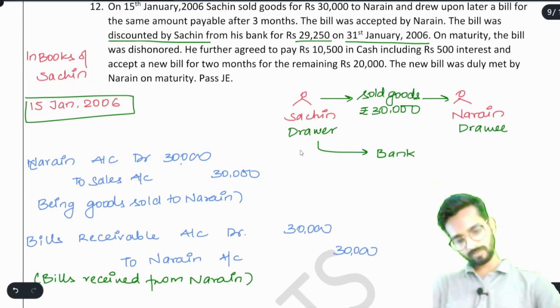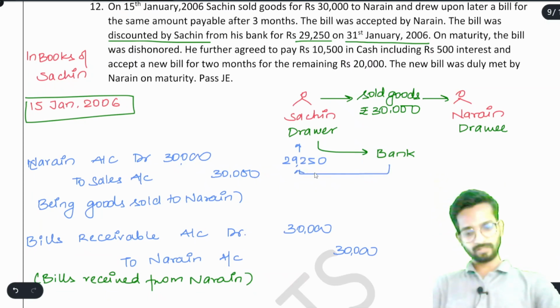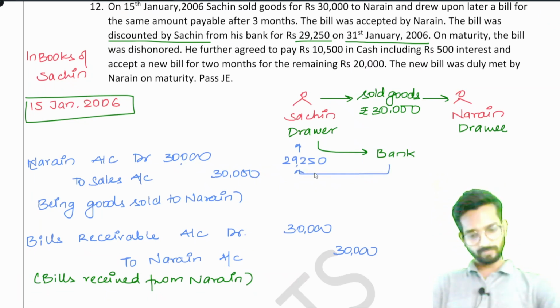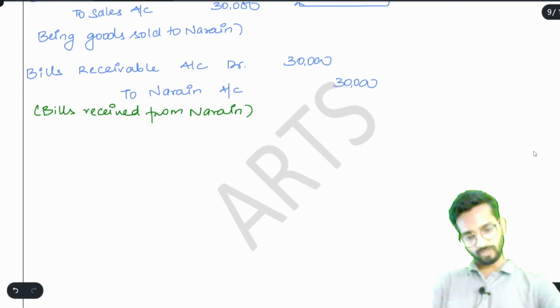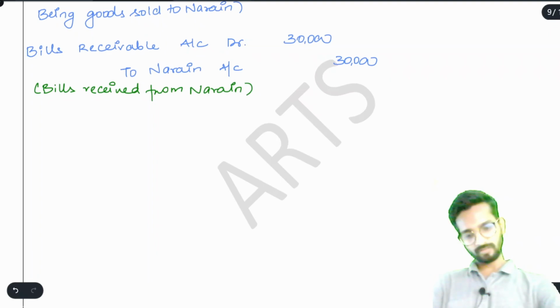How much? 29,250. This is the amount the bank has given to Sachin.